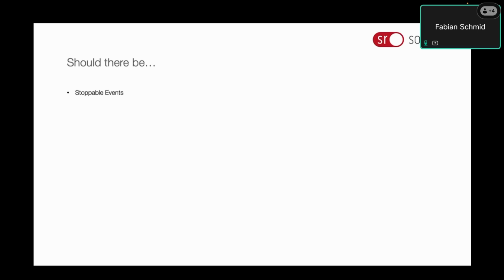That's a concept which this PSR as well defines. Stoppable events means that a listener can stop the event and give it back to the emitter. It's a concept which you can implement if you want to. I don't think we would like to have this in Ilias, but maybe there will be a discussion.